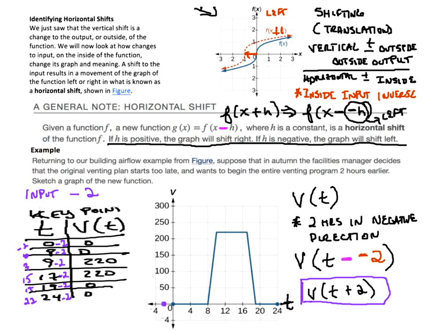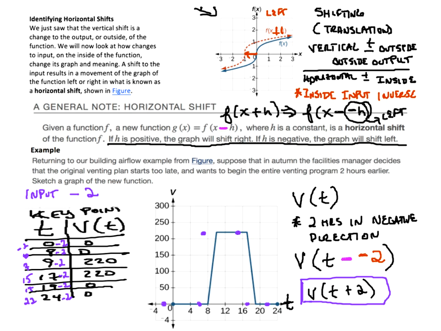And I have the point 6, 0 right there. 7, 2:20, about right here. 15, 2:20, about right here. 17, 0, about right here.